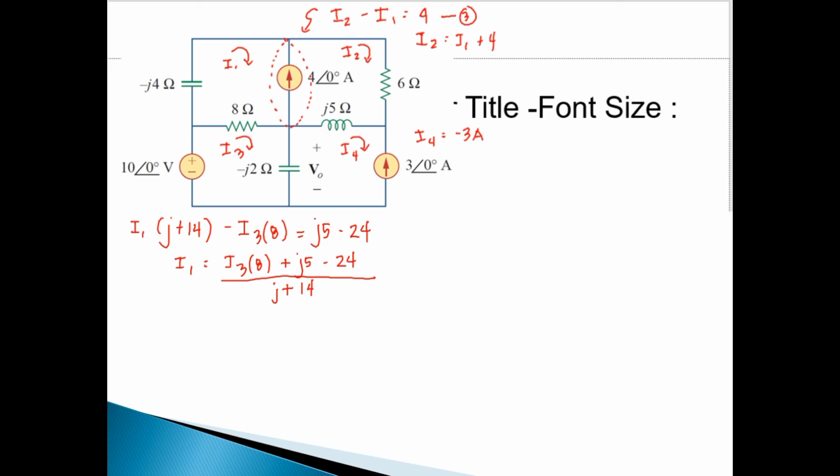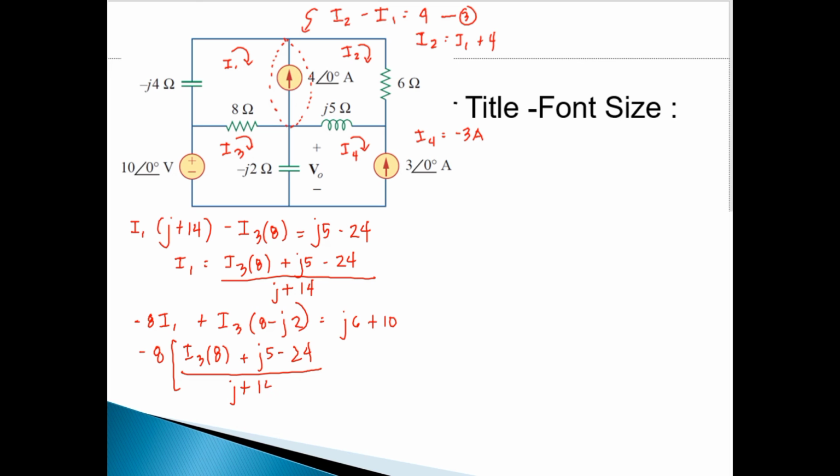So let's go back to the first equation and substitute this. Negative 8 I1 plus I3 times 8 minus j2 equal to j6 plus 10. So negative 8 times I3 times 8 plus j5 minus 24, all over j plus 14, plus I3 times 8 minus j2 equal to j6 plus 10.